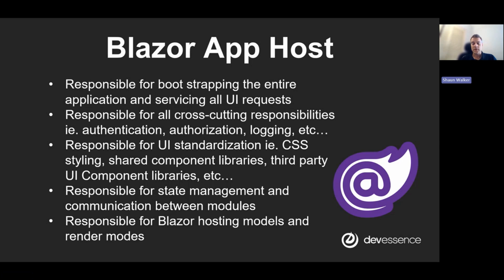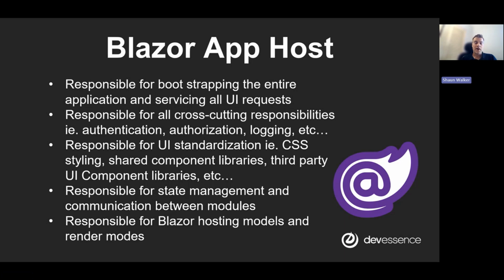So maybe these are open source or commercial like Telerik or Syncfusion or others, right? So those types of global concepts that you want to use across your entire application can be defined in the app host. The app host can also be responsible for state management.